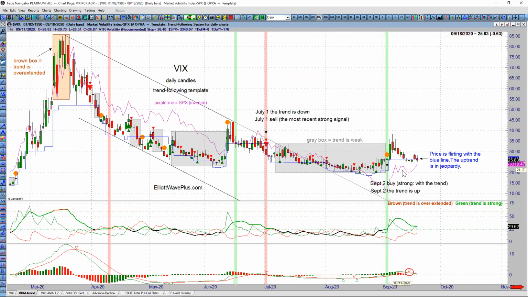Yeah, I could probably also color the S&P to where when it's sloping up, it's green, and when it's sloping down, it's another color, like black or something.